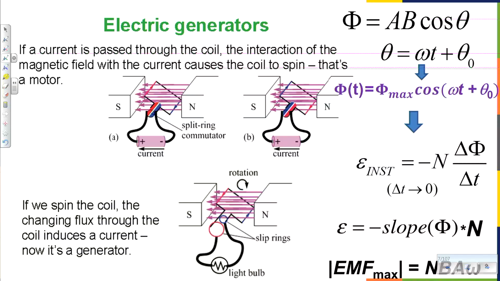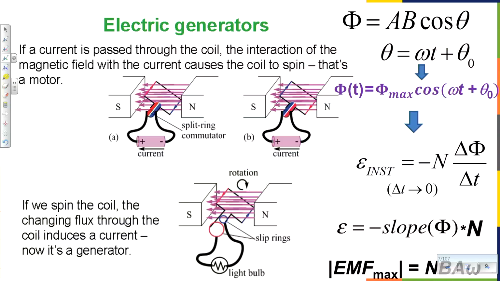And if we want to calculate the EMF induced, well, we got to do this. First of all, in this situation, magnetic field remains constant. The area of the loop remains constant, but what we change is the angle. And normally, of course, the angular speed is constant. And if the angle changes in time, linearly, that makes flux change in time as a cosine or sine.